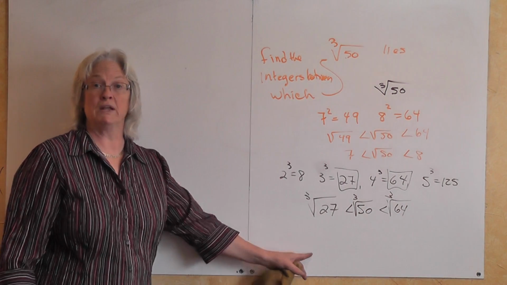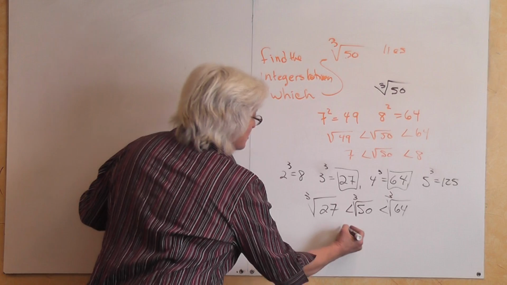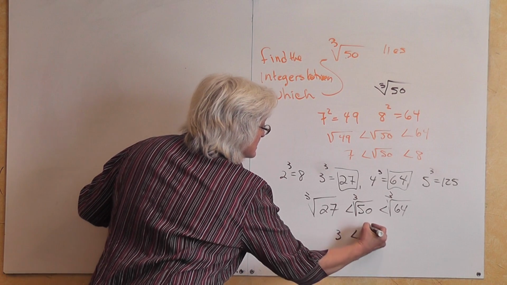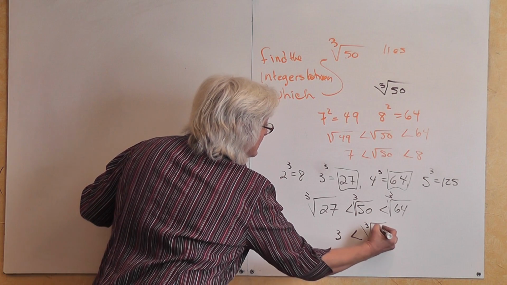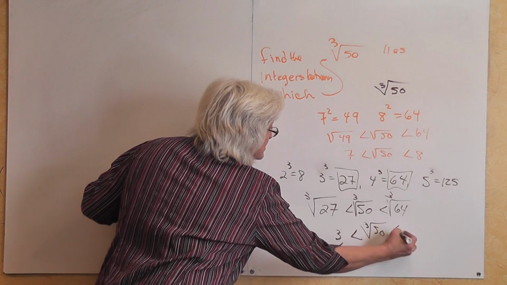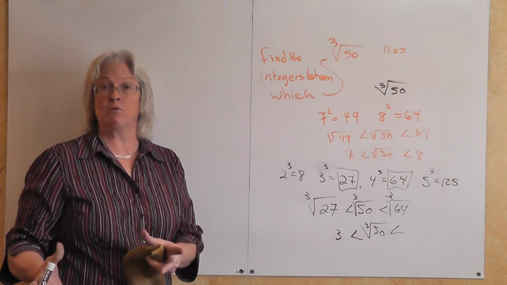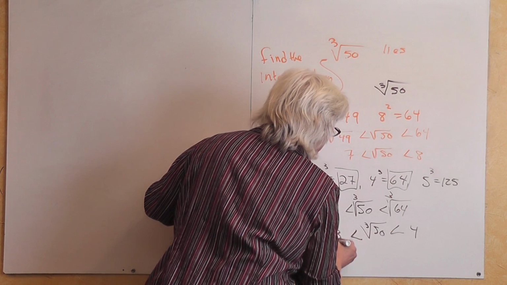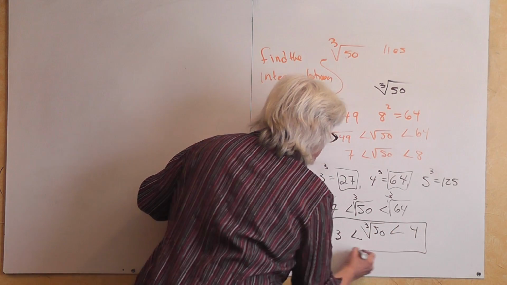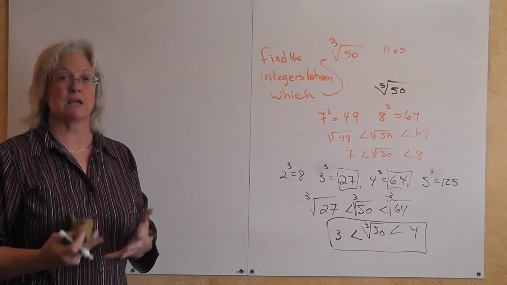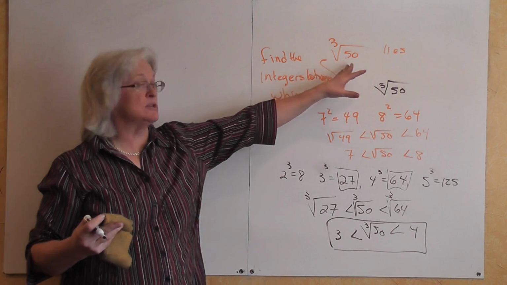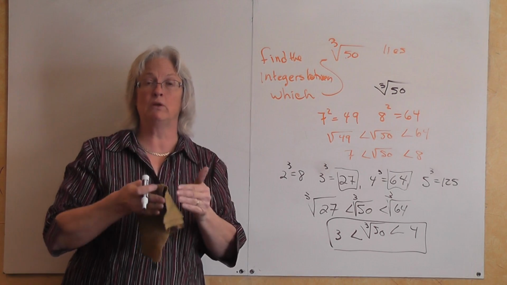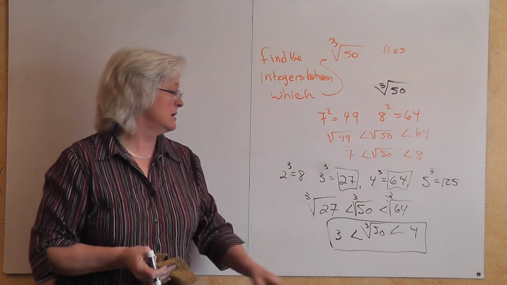The cube root of 27 is rational, it's 3, which is less than the cube root of 50, which is less than the cube root of 64, another rational number, which is 4. Same process, same exact procedure, finding the integers between which a cube root lies.